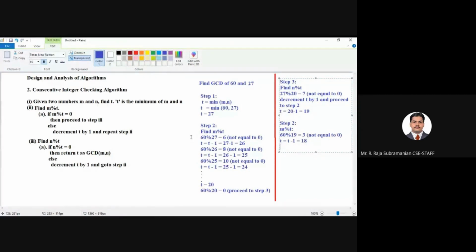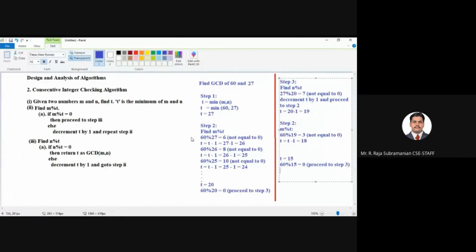And shall I put dot dot dot up to where I can come to 15, right? t is equal to 15, and I'll find 60 mod 15, which is equal to 0. Now I proceed to step 3.